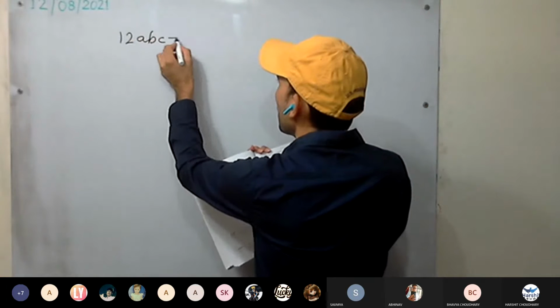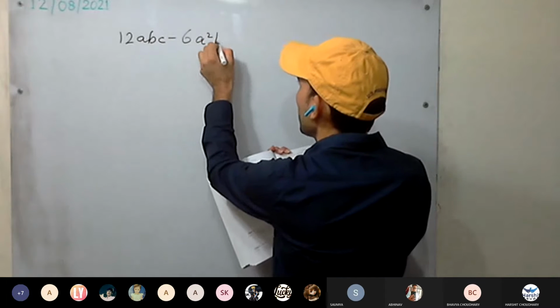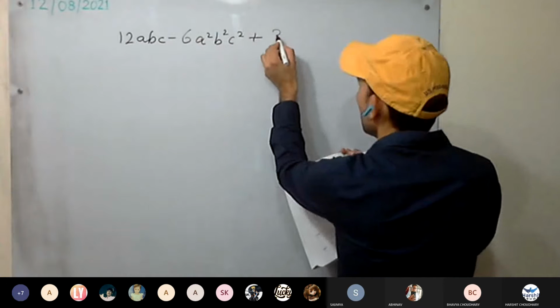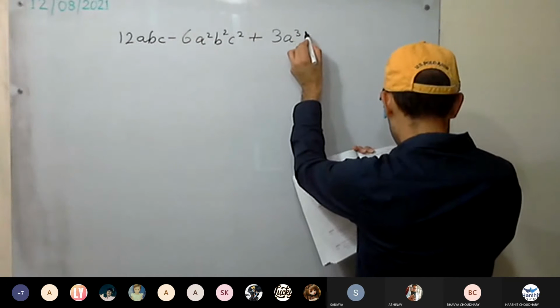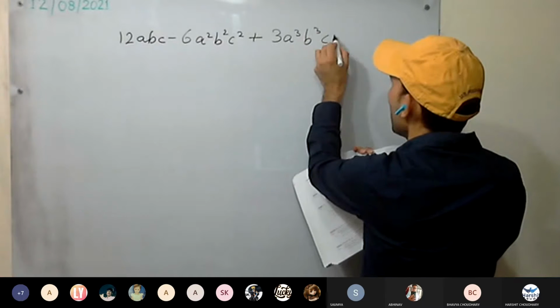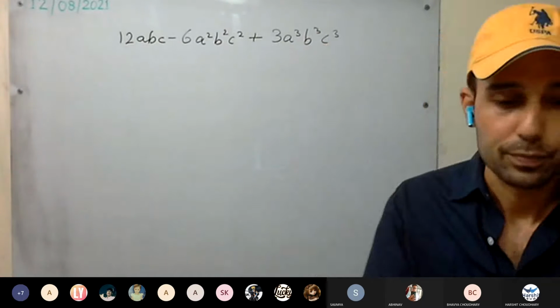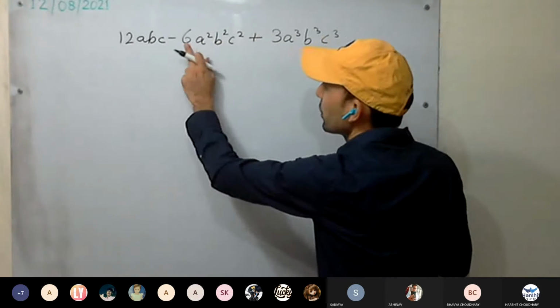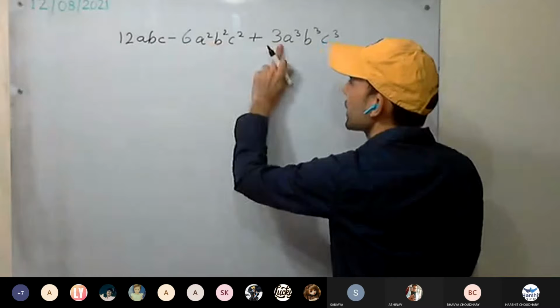12abc minus 6a square b square c square plus 3a cube b cube c cube. First, check with the numerical coefficients: 12, 6, 3.